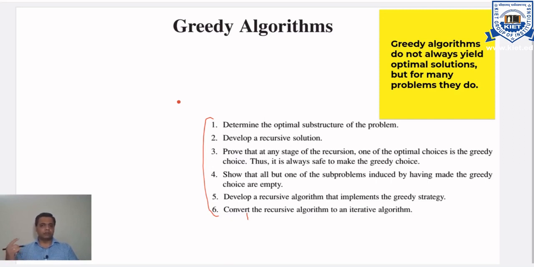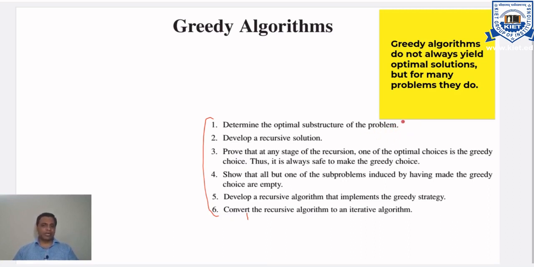One, the problem should be an optimization problem, and it should also follow the optimal substructure characteristic. If the problem doesn't have this characteristic, you can't apply a greedy algorithm at all. But this characteristic is also used in dynamic programming.